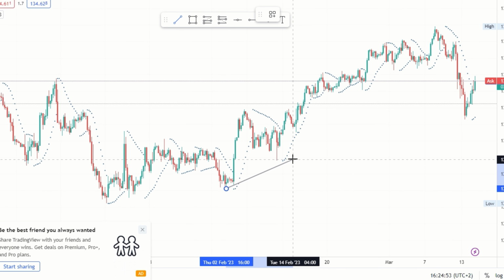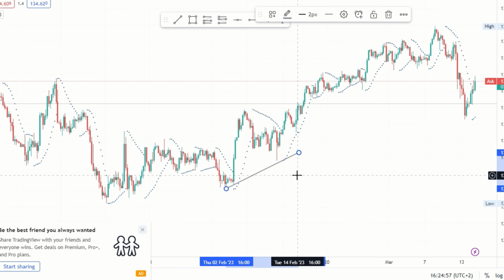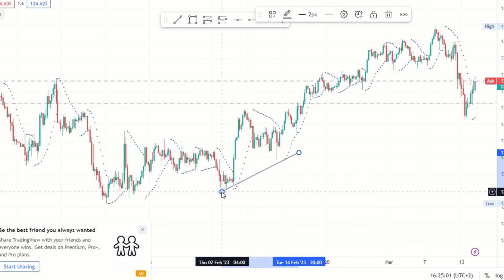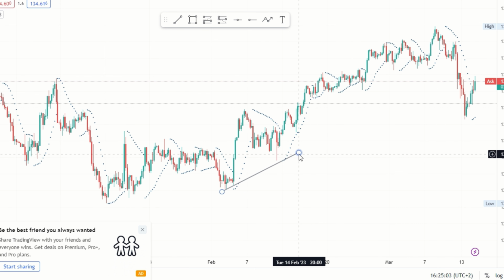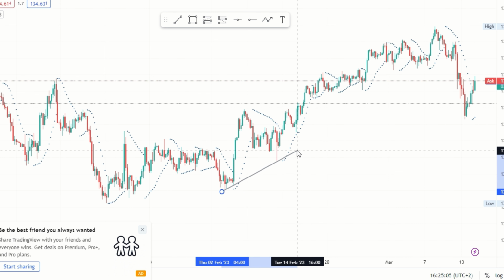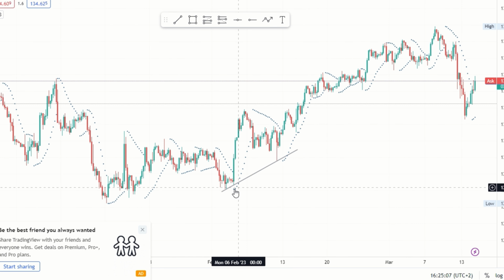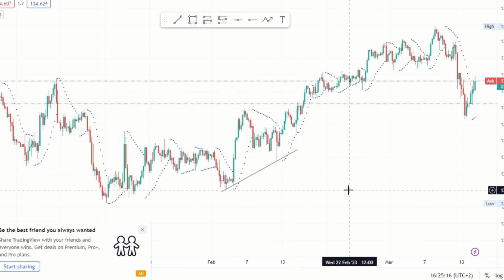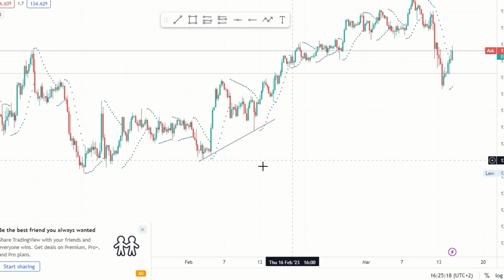This is how your trend line would look. I'm just going to take it past there so it's a bit clearer. So this would be your first touch, this would be your second touch, and that would be the third touch that you are waiting for in the market.